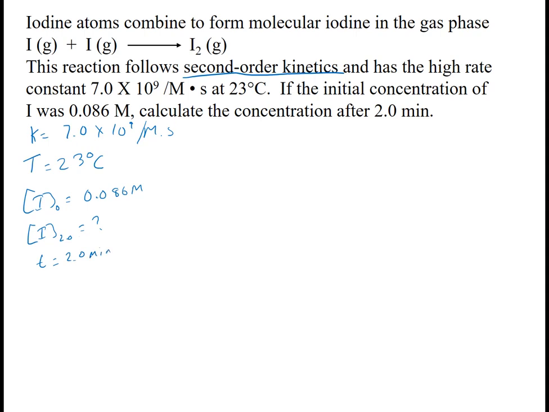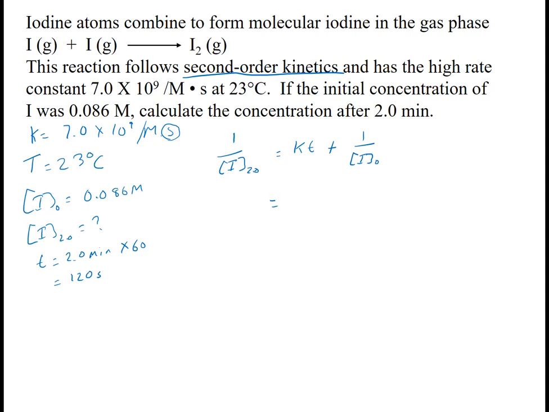Now again, before I start, you'll notice that this is in seconds, this is in minutes, so I need to multiply by 60 to give me 120 seconds. Okay, the equation is 1 over the concentration of I at 2.0 is kt plus 1 over the concentration of I initially.